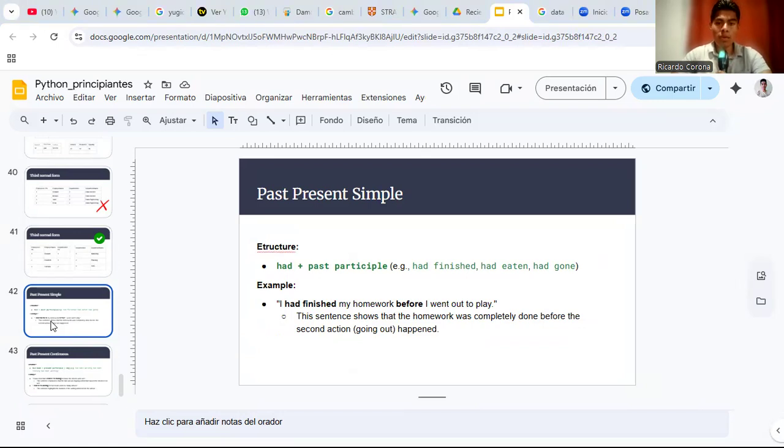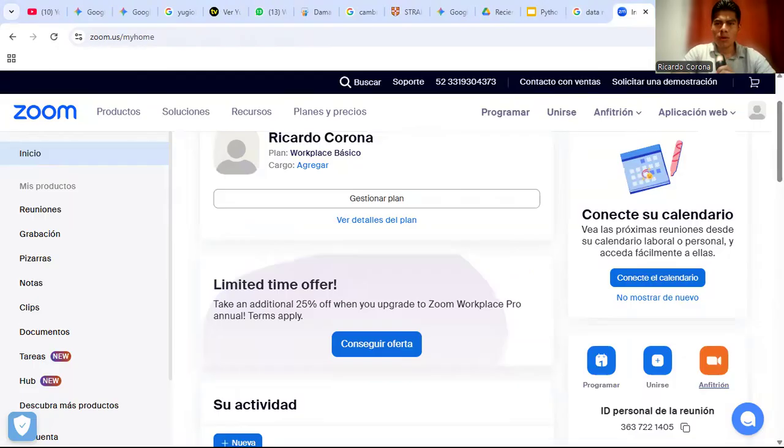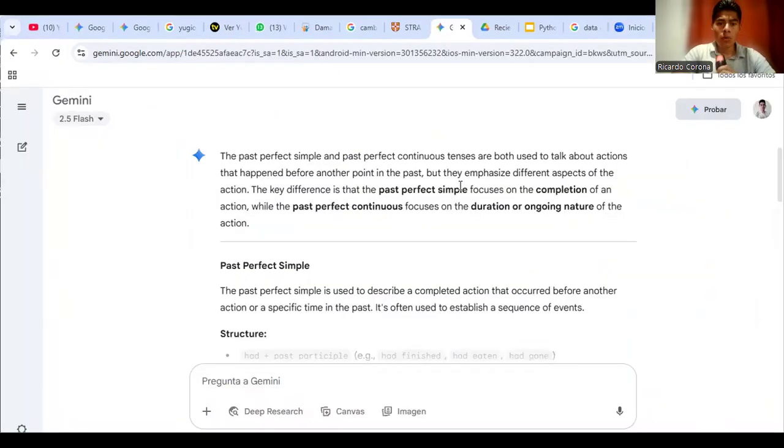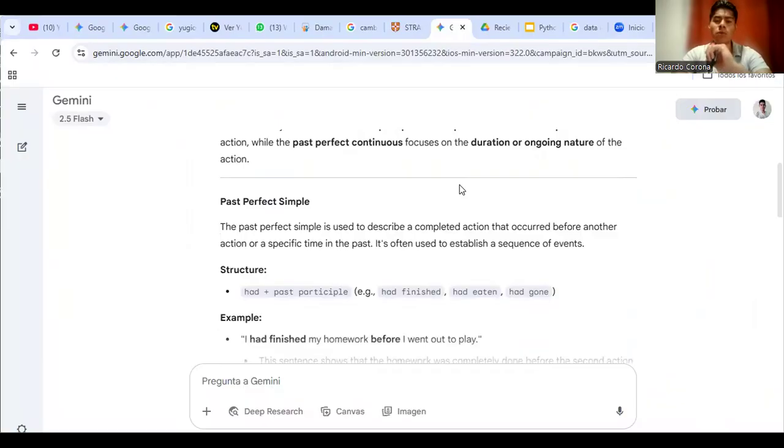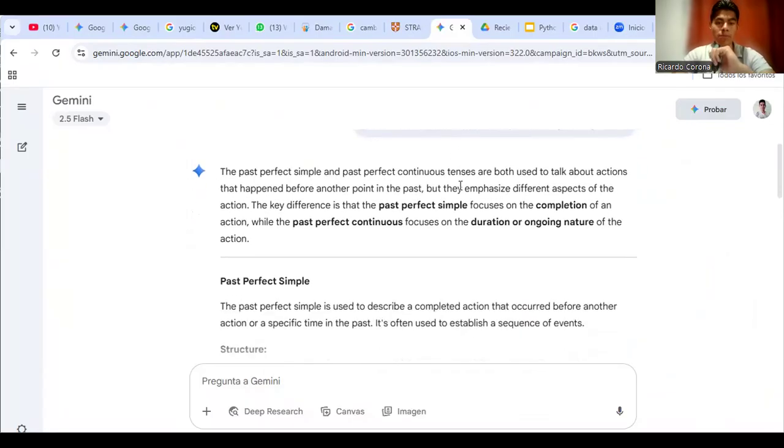We need to know about this tense in English to use when we complete an action that occurred before another. Let me share this description with you.